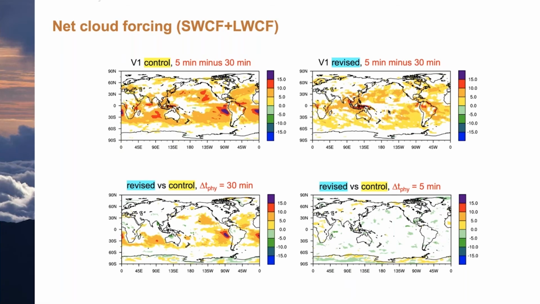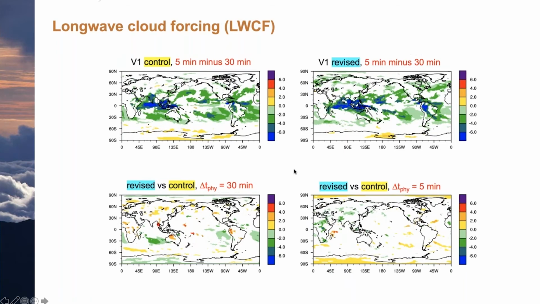Now, if we change to longwave cloud forcing, the picture is different. We know that longwave cloud forcing is dominated by the impact from high clouds. And here in these two upper panels, you will probably see the signature of deep convection and also some shallow convection. The interesting thing to note is that before or after our revision, the time step sensitivity doesn't change much.